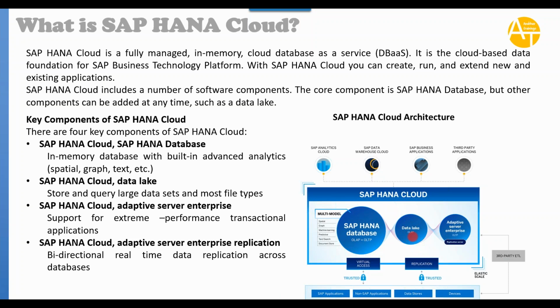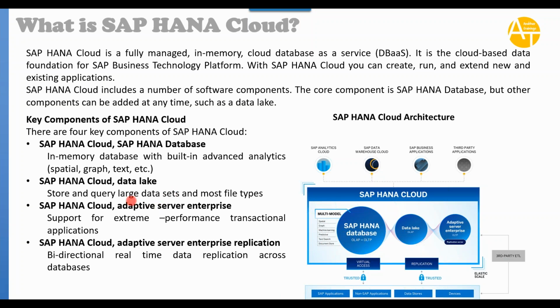Data lake is to store large data sets of different file types. And then we have SAP HANA Adaptive Server, which will automatically expand according to your data load increase, for performant transactional applications. So these are the main three major components. The most important one is the database itself. You can run a database in the cloud.